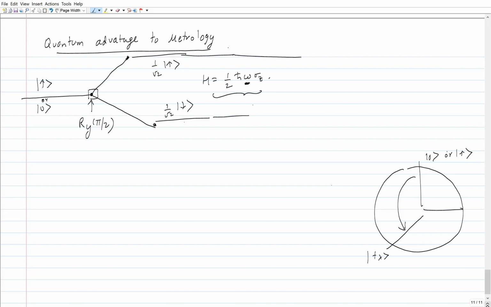So what this does, it provides me a rotation, and each of the arms of the interferometer is going to pick up the phase depending upon the eigenvalue, as we've already discussed. So this is just a pictorial schematic of what we've already seen.